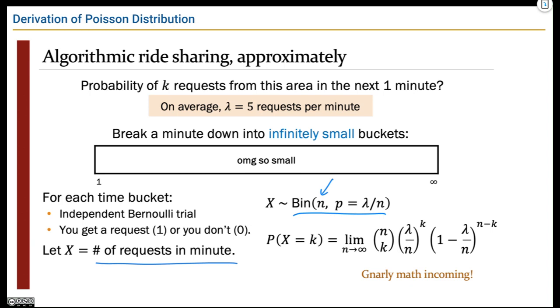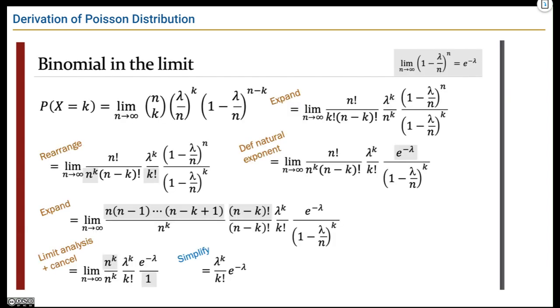So it looks like a binomial, some variation of a binomial, where I'm breaking this up and letting n go to infinity.